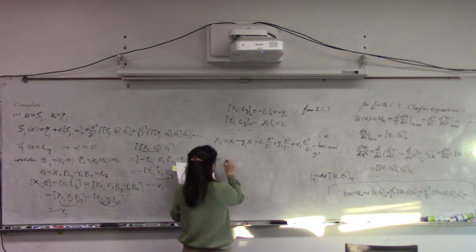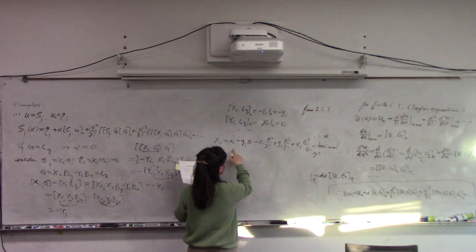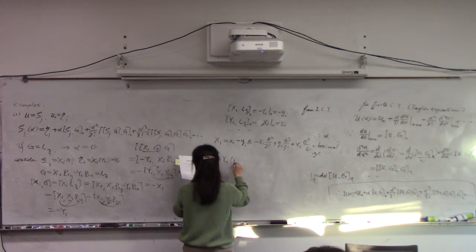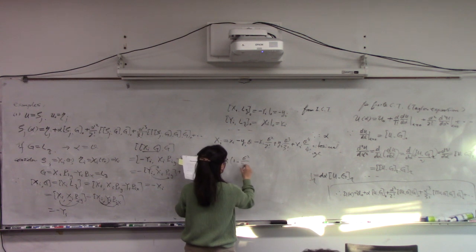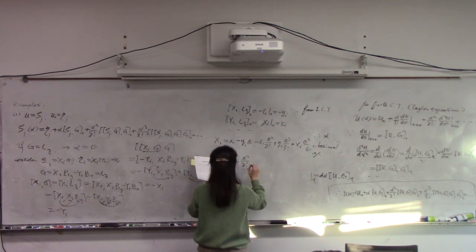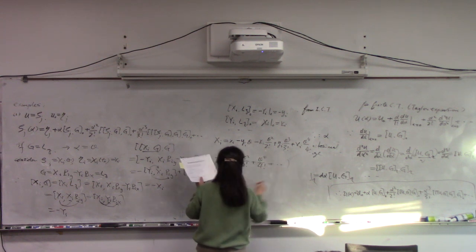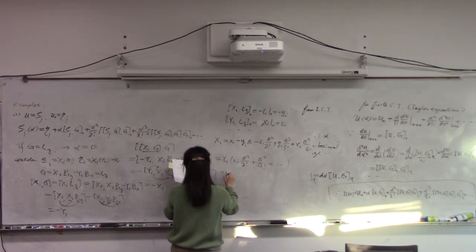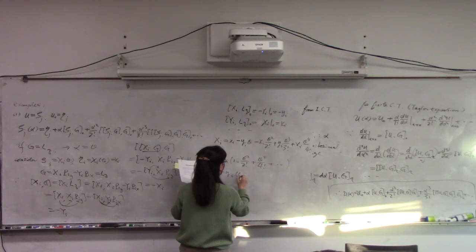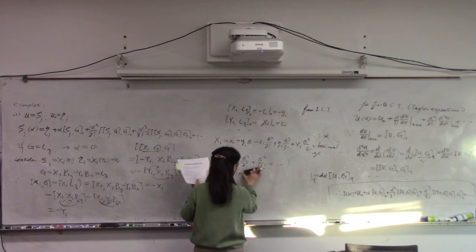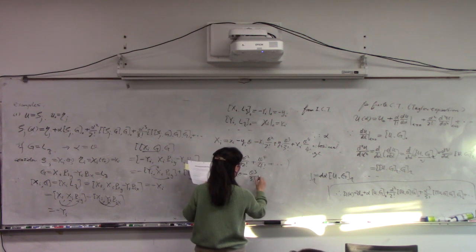So if you take xi outside this term, then you have a 1 minus theta squared over 2 factorial and plus, right? Plus. And then I take the y_i outside, so I have a theta, and then minus, take outside, so this is minus theta cube over 3 factorial.